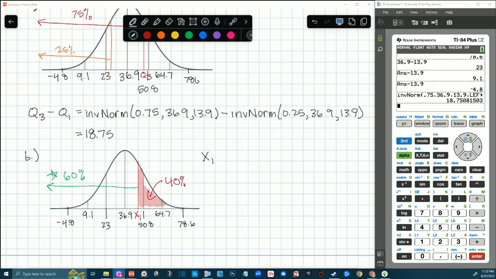So that boundary marker, which also represents the 60th percentile, is going to be inverse norm 0.6, and then the same mean and standard deviation we've been using because it's the same distribution, the same random variable.